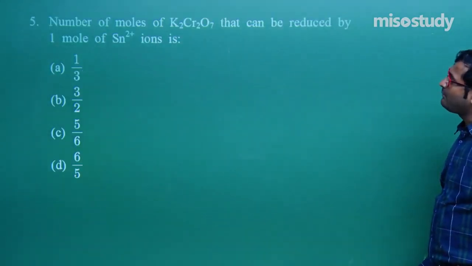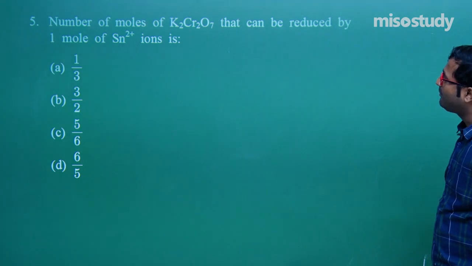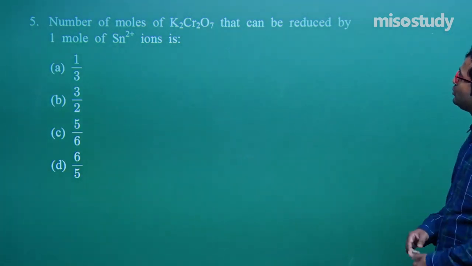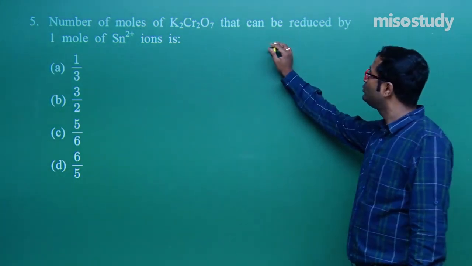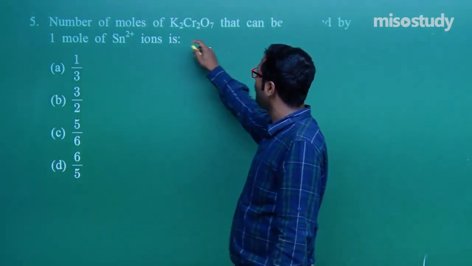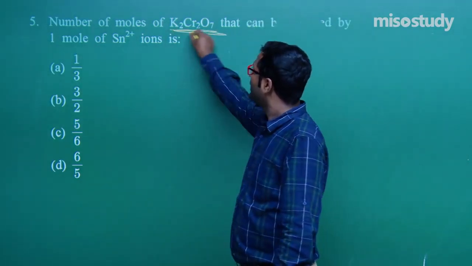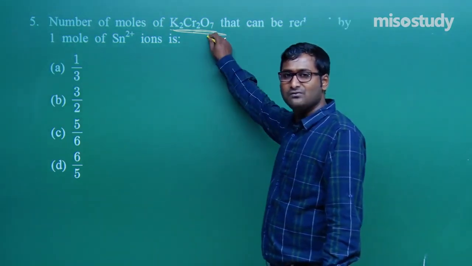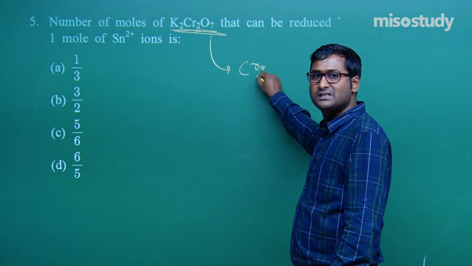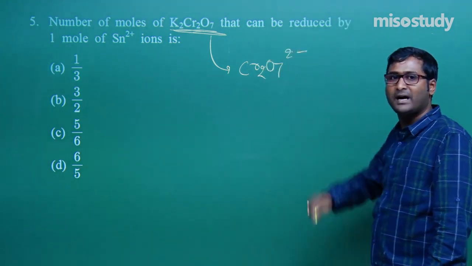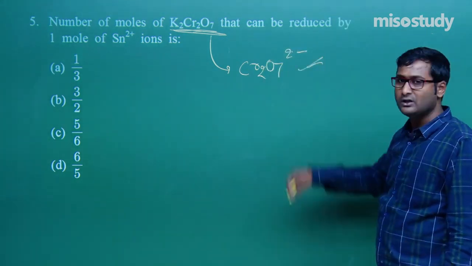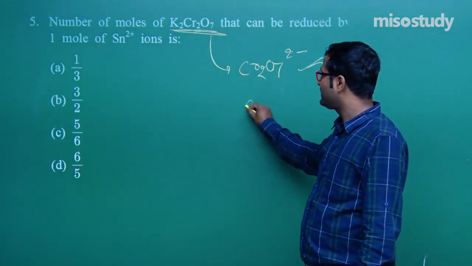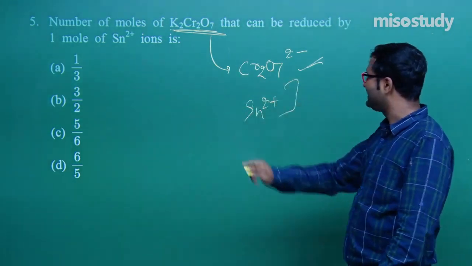This is one of the best questions: the number of moles of K2Cr2O7 that can be reduced by 1 mole of Sn, that we need to find. As we know, this one comes from Cr2O7 2 minus. This is the equation. And what will happen? Treatment with Sn2 plus. Clear to you?